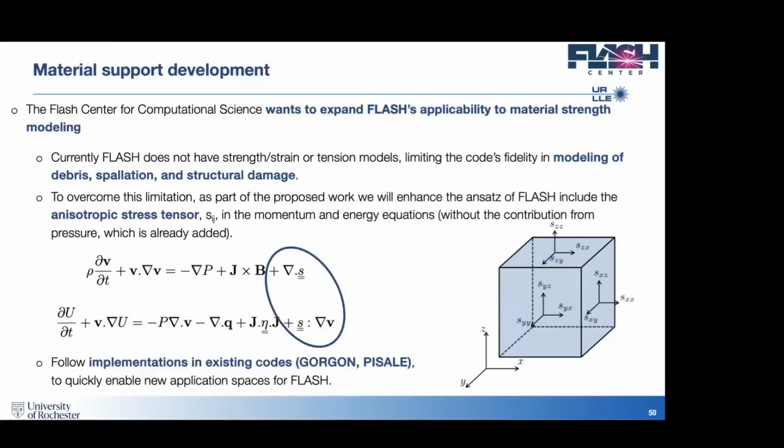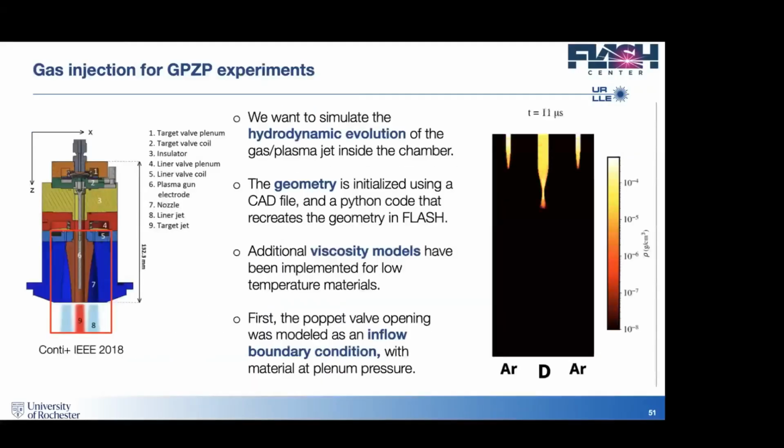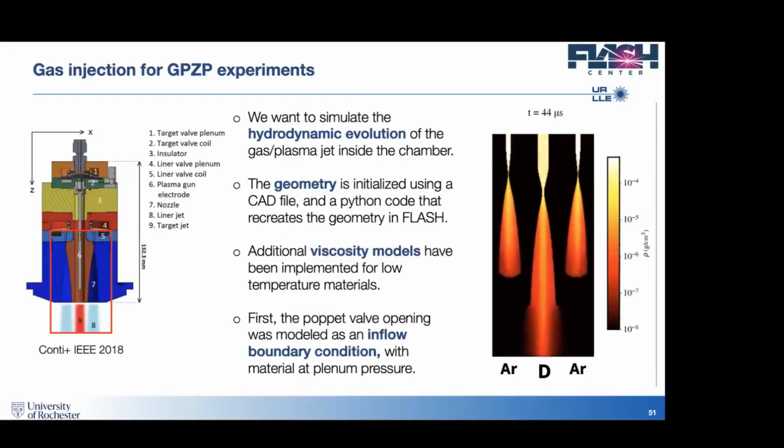This is a combination of hot and cold plasmas abutting themselves. This is the inclusion of an isotropic stress tensor, and it follows what we have seen in other codes like Gorgon and PERSEUS. This will allow for a new set of experiments.